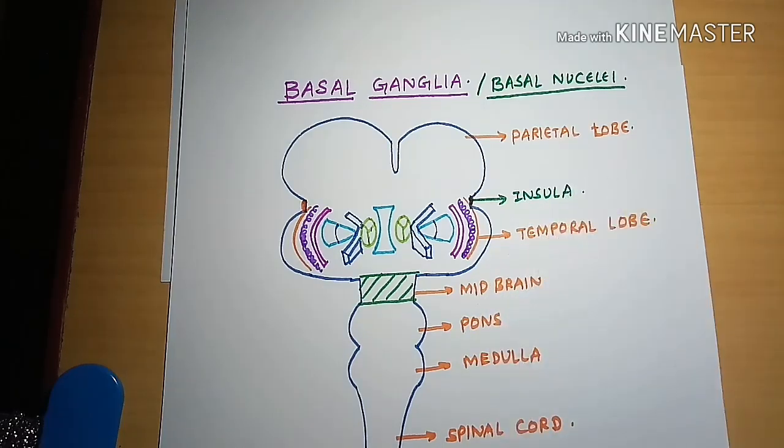So we now have a rough idea about where the basal ganglia is present. Let me draw the basal ganglia in a clearer way. It is present just above the midbrain.